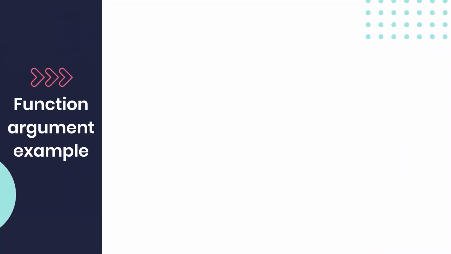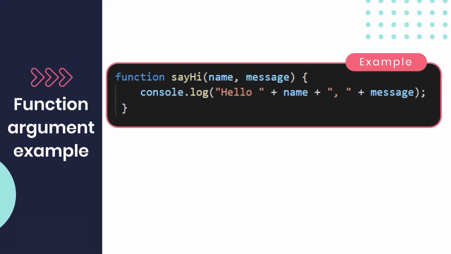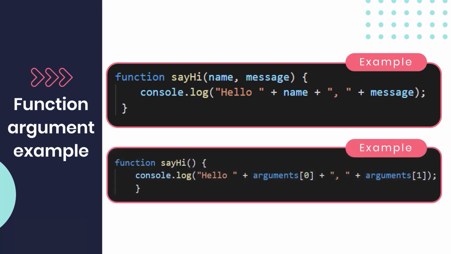In the following example, the sayHi function's first argument is named name. The same value can be accessed by referencing arguments[0]. Therefore, the function can be rewritten without naming the arguments explicitly, like this.